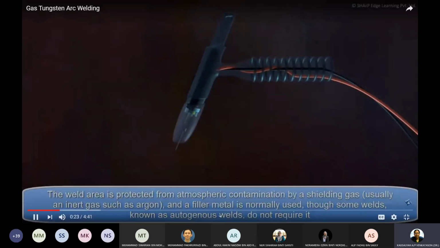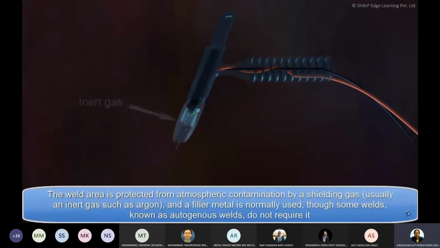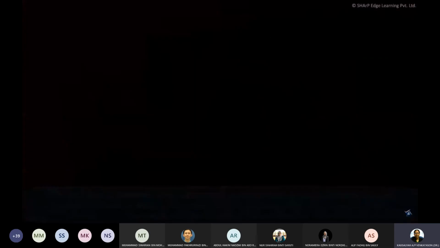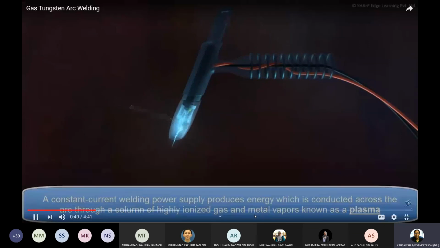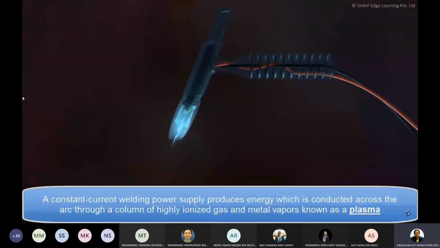The weld area is protected from atmospheric contamination by a shielding gas, usually an inert gas such as argon, and a filler metal is normally used, though some welds, known as autogenous welds, do not require it. A constant current welding power supply produces energy which is conducted across the arc through a column of highly ionized gas and metal vapors known as a plasma.